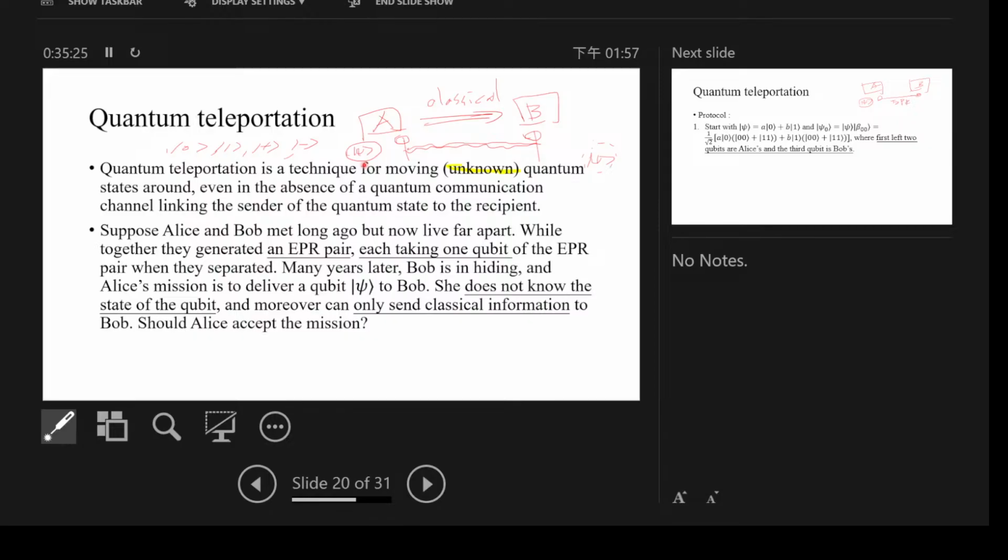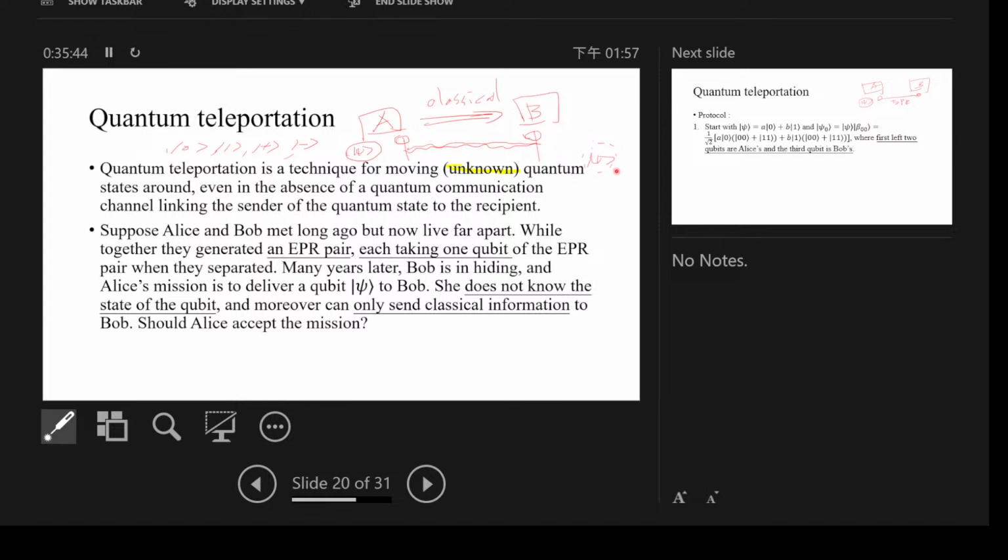In order to do this teleportation, they need to somehow send this state as an unknown state, and have Bob get this state as also an unknown state.